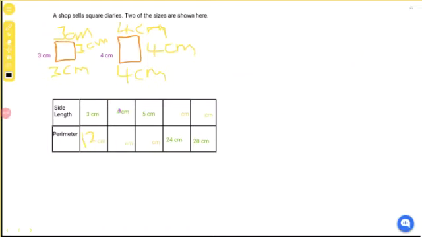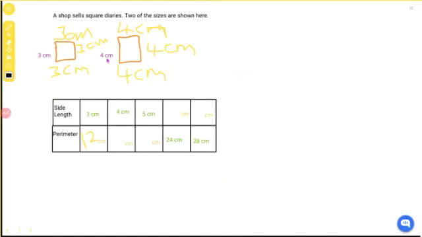Okay, so now we need to work out this perimeter for this square. Okay, and look, if we look above again, we already have our diary that is 4 centimetres. So again, what times table can we use? That's right, we are going to use our 4 times table. So are you ready? Let's do it together again.